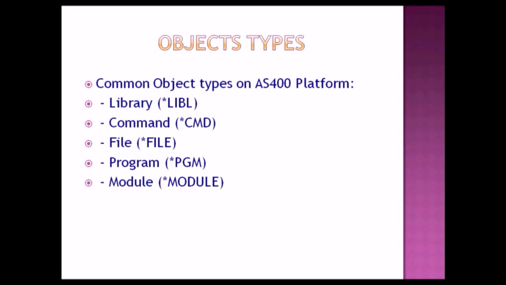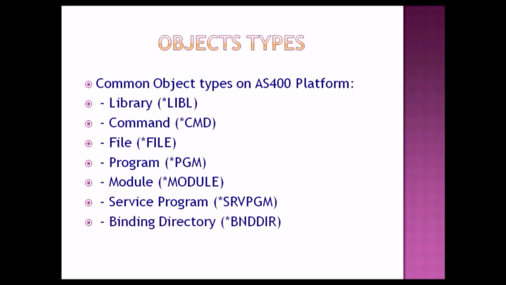This is linkable into programs written in languages like RPGLE, COBOL, etc. Next in the list we have service program, abbreviated to *SRVPGM. This is a dynamic set of one or more modules which have multiple entry point labels. We will discuss it later, so nothing to worry about this.